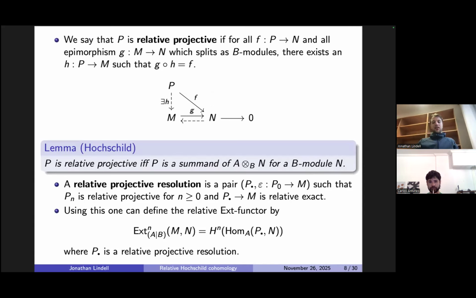Since we are also in the setup where we have enough projectives, we can now define the relative Ext functor of two modules to be the cohomology of the complex we get by applying the contravariant Hom functor to a relative projective resolution, instead of a normal projective resolution like we do in the standard setup.